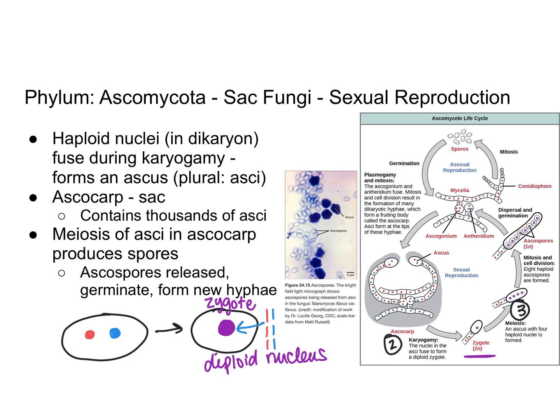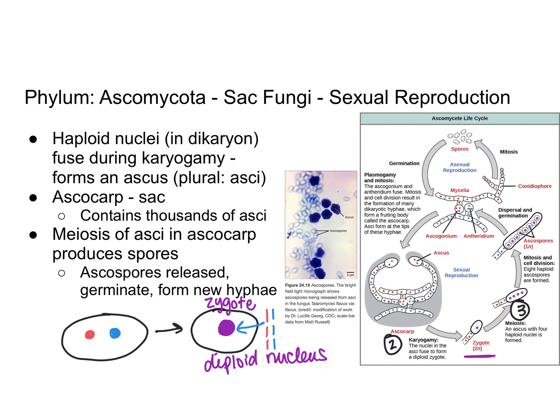So interestingly, these Ascomycota have an additional step in their sexual reproductive cycle. After the zygote goes through meiosis in order to form these haploid nuclei, the cell then goes through mitosis and cell division.